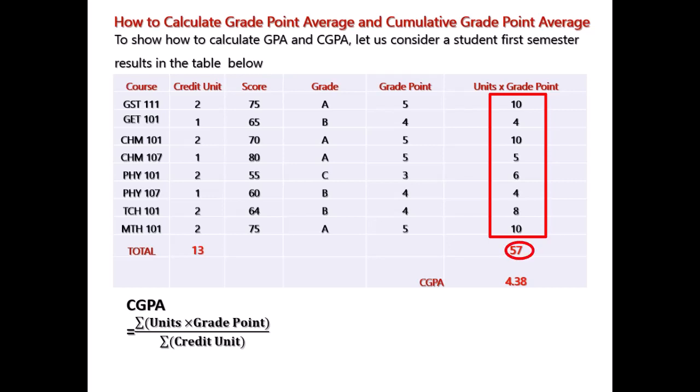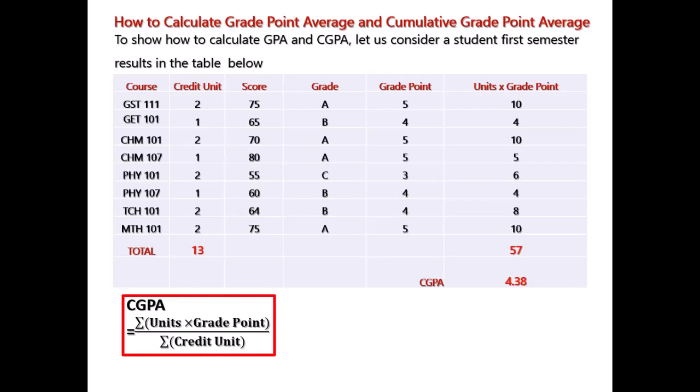If you take a look at the equation that I have below the table, you will see CGPA equals summation of unit multiplied by grade point. What the numerator is saying is that the sum of all the values in the last column, which translates to 57, is divided by the summation of credit unit, that is the sum of all the credit units for that semester, which sums up to 13.